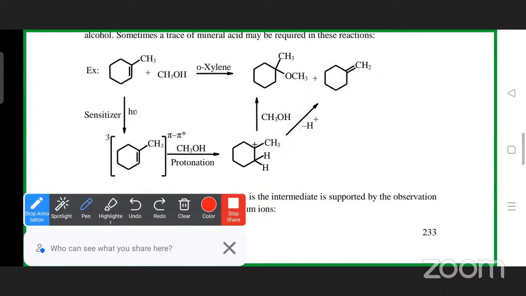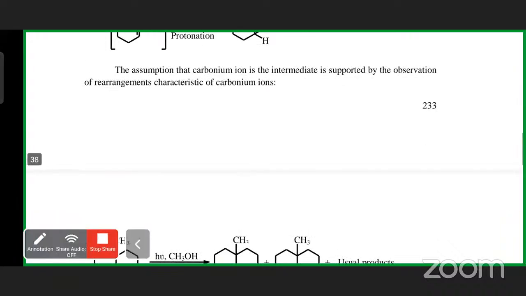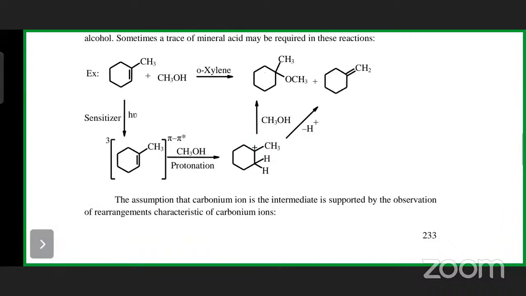Like that, the rearrangement of these groups or atoms takes place.